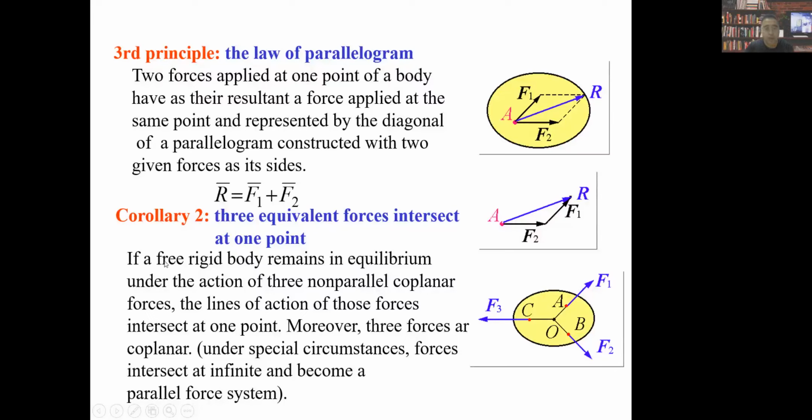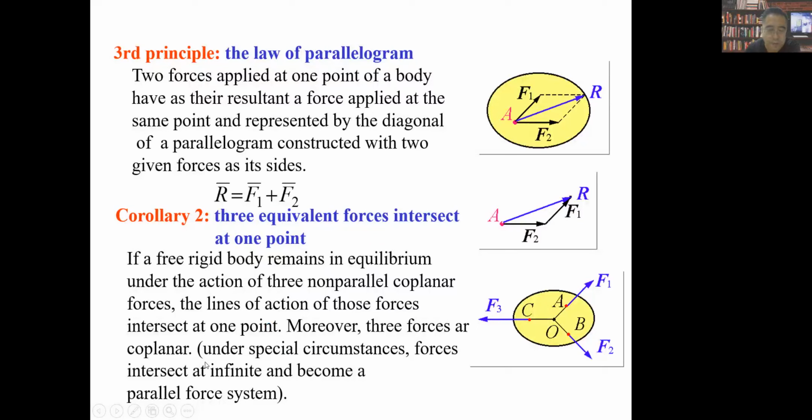I'll read it. If a free rigid body remains in equilibrium under the action of three non-parallel coplanar forces, the lines of action of those forces must intersect at one point, right? Moreover, if three forces are coplanar, in the special circumstance the forces intersect at infinity and become a parallel force system.